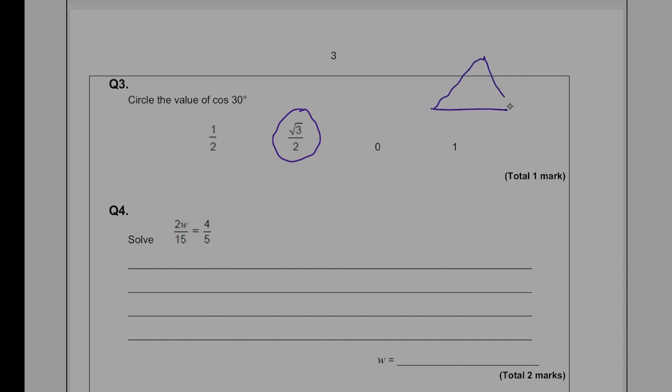That would be 1, and this length here would be root 3, this angle here would be 30. Cos 30 then is, well, cos is equal to adjacent over the hypotenuse, which in this case would be root 3 over 2. Adjacent next to, hypotenuse 2.